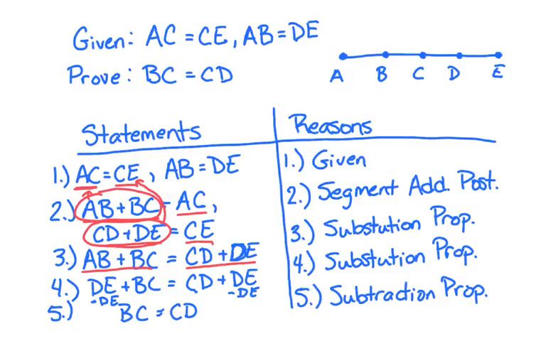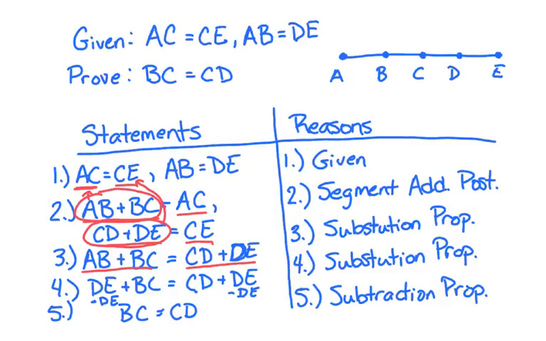Whenever you come to problems that have angles in them and you are adding angles together or subtracting angles to get down to the two angles that you're trying to prove congruent or equal to each other, it's just like using the segment addition postulate to show that segments are equal.